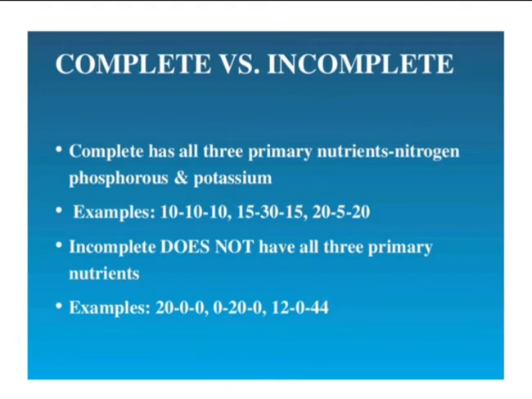That means all 3 are not present at one time in the incomplete type of fertilizers. So complete fertilizers contain 3 macronutrients, which are the basic NPK, and in incomplete fertilizers only 1 or 2 types of macronutrients are present, not all 3.